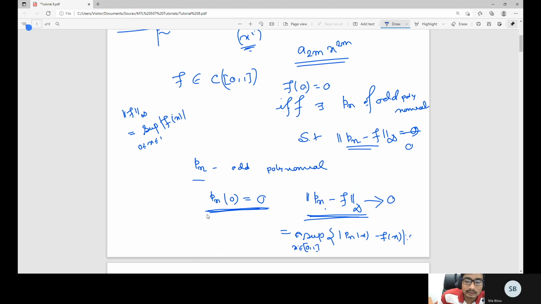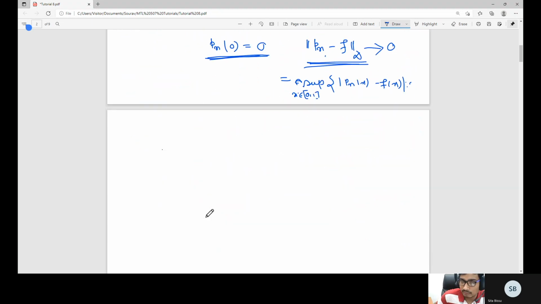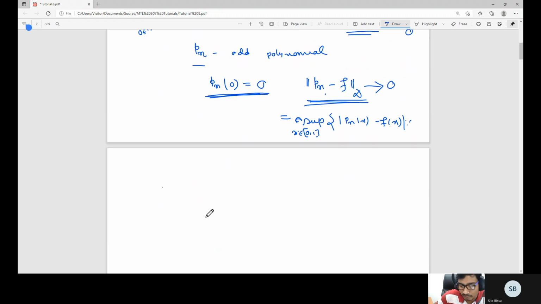So you also know that whenever a sequence of functions converges uniformly to another function, then it also converges pointwise, right? So since this convergence is uniform, what we can say is that Pn(0) converges to f(0), as n converges to infinity.